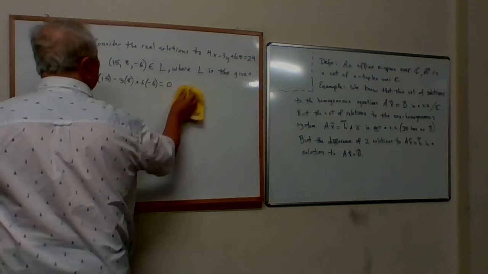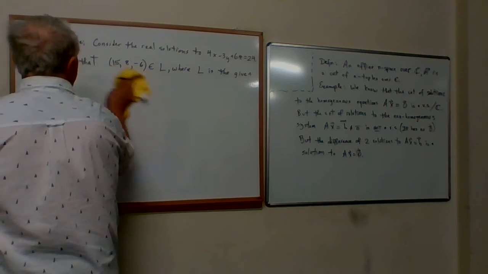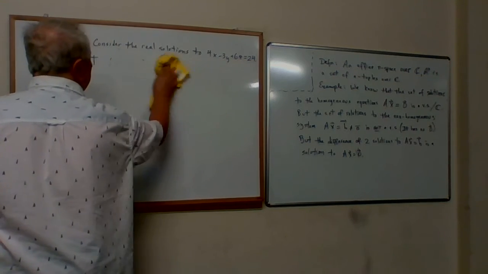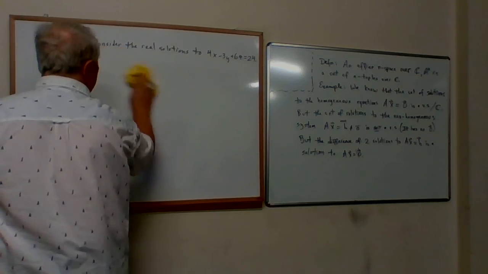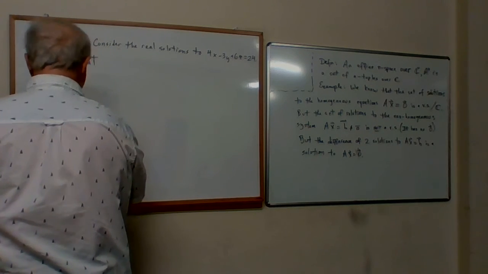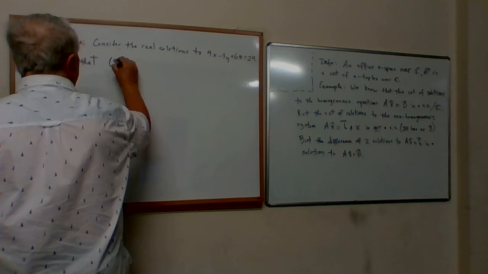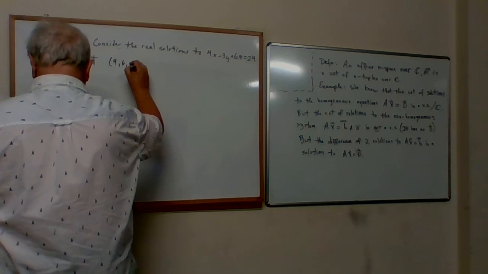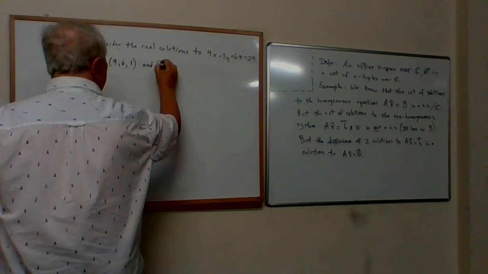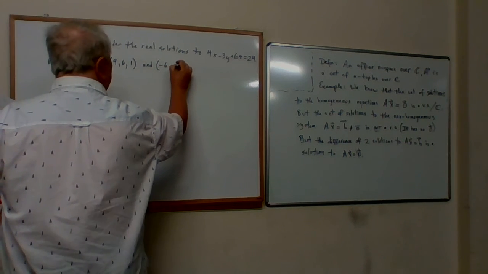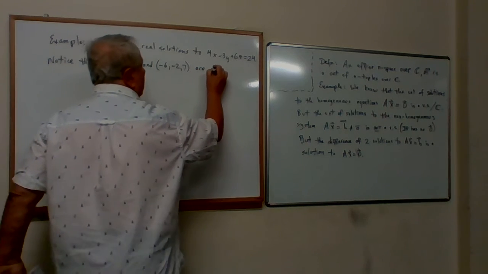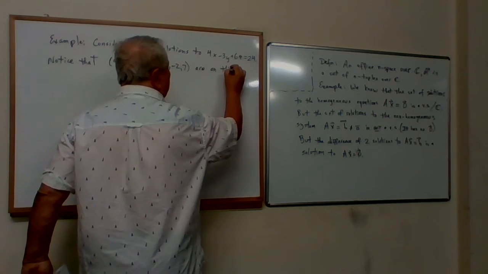I'm one step ahead of myself here. Hang on to that 0, it's coming. But 9, 6, 1, and negative 6, negative 2, 7 are on this plane.